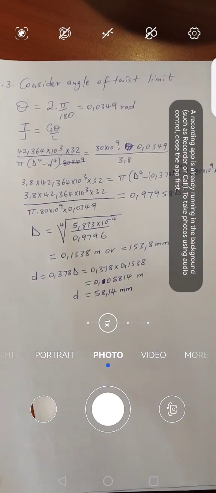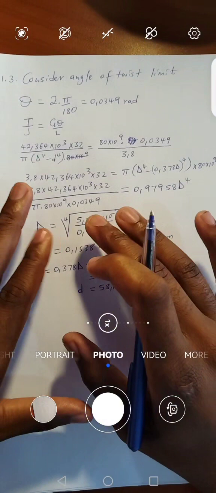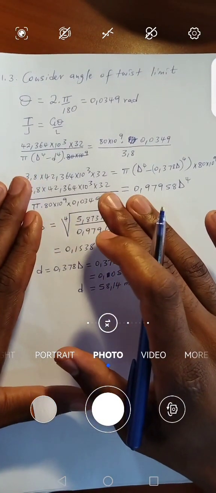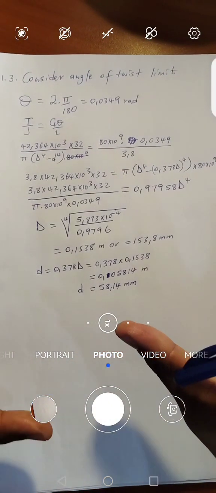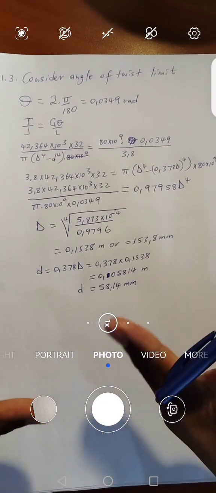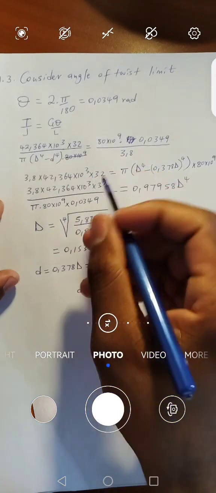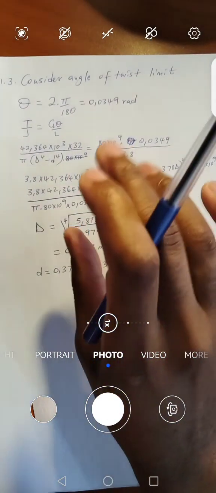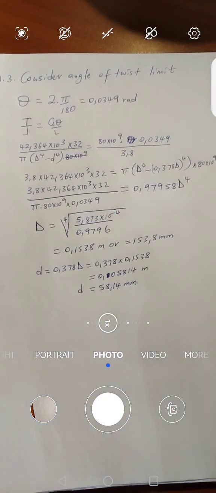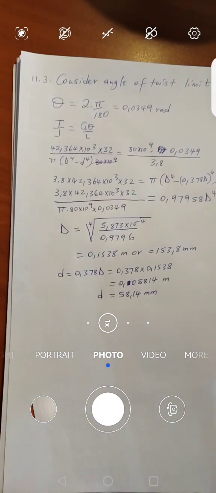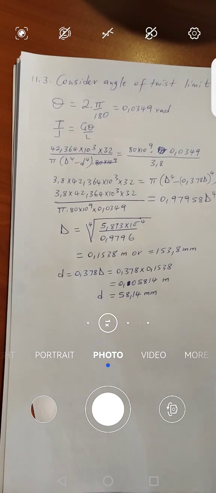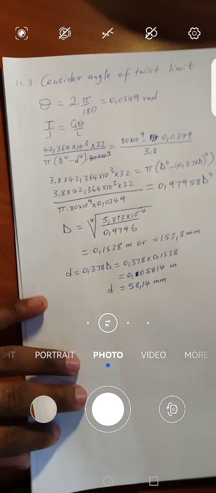It means that if we use this dimension or a shaft of this size, we are 100% sure that the angle of twist that will develop due to applying the torque of this much won't be more than 2 degrees. It can be equal to 2 degrees or less. Right.